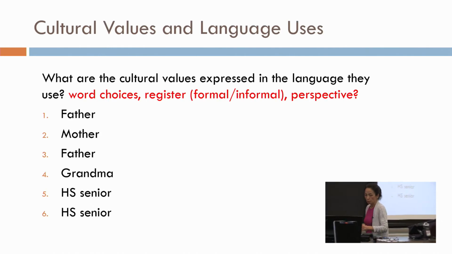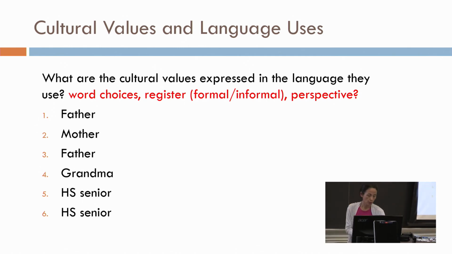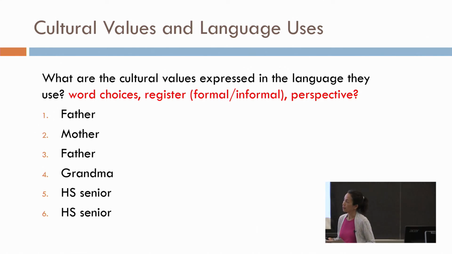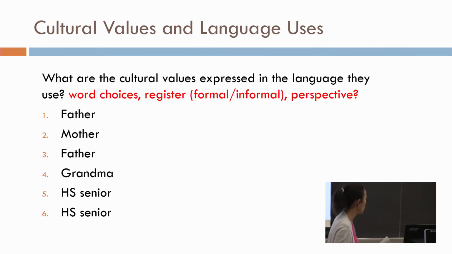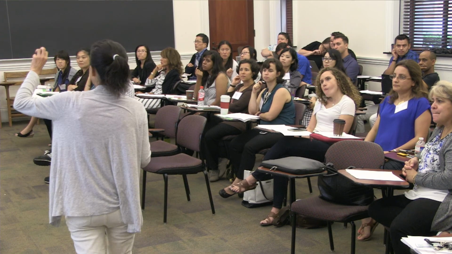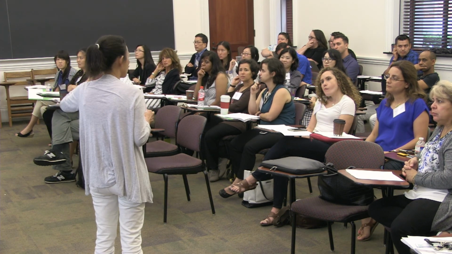The data I use here is also online in the mini class. So I give them 6 different people's responses to these questions. And then, again in small groups, I want them to see the word choice, the register, formal or informal, and the perspective of each speaker.